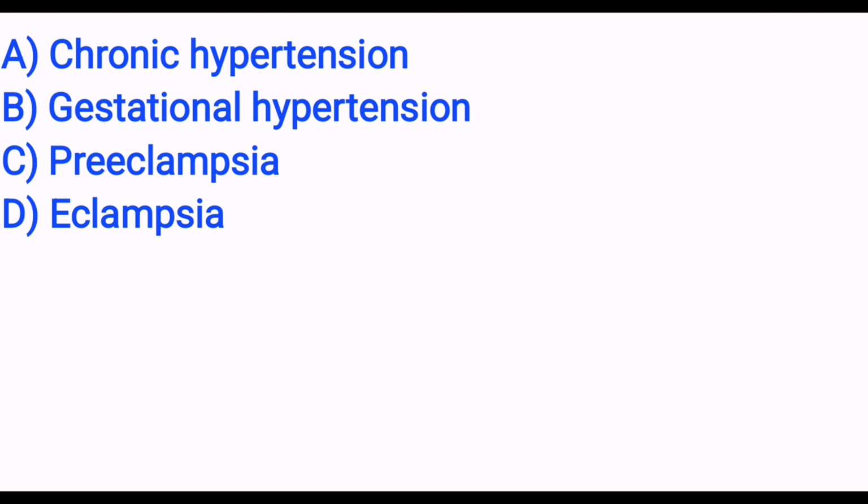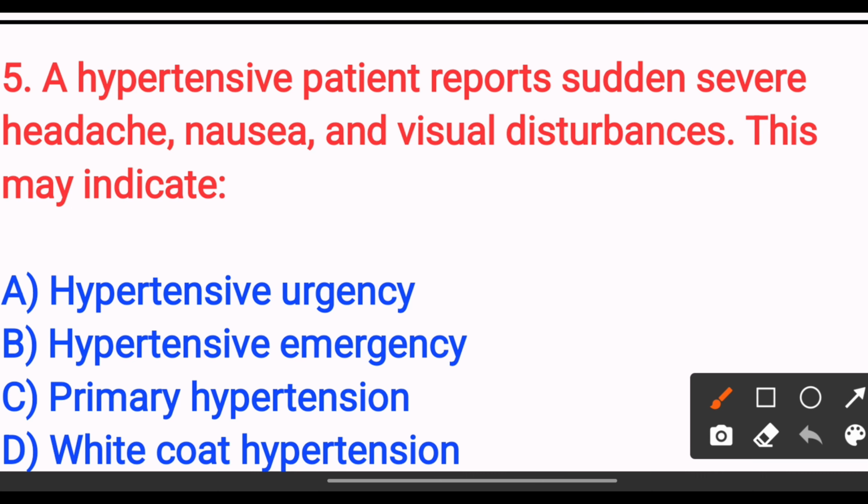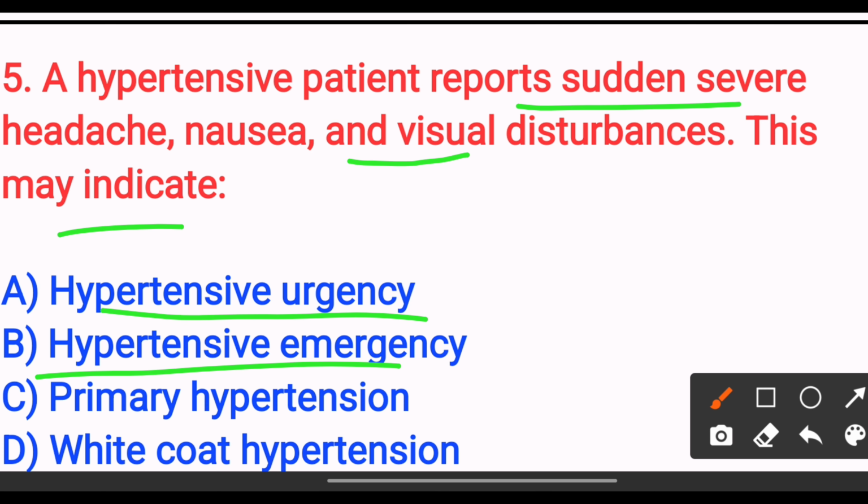Next, a hypertensive patient reports sudden severe headache, nausea and visual disturbance. This may indicate: option A hypertensive urgency, option B hypertensive emergency, option C primary hypertension, option D white coat hypertension. The answer is option B, hypertensive emergency.